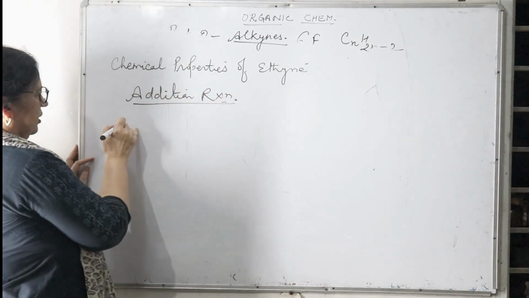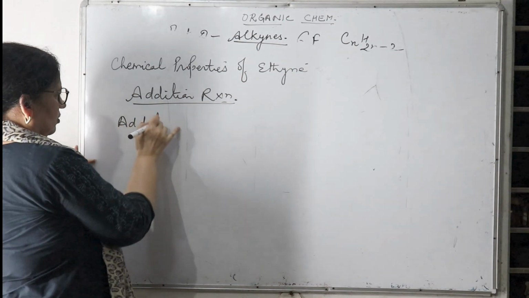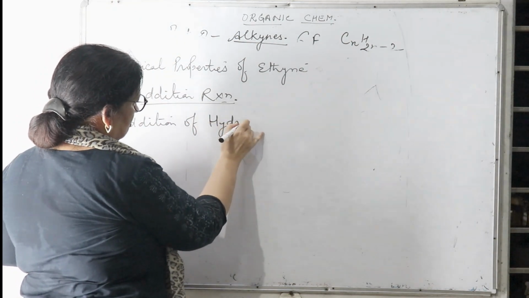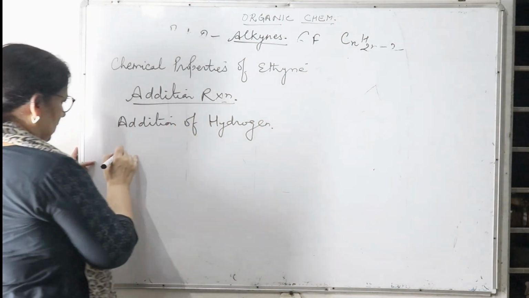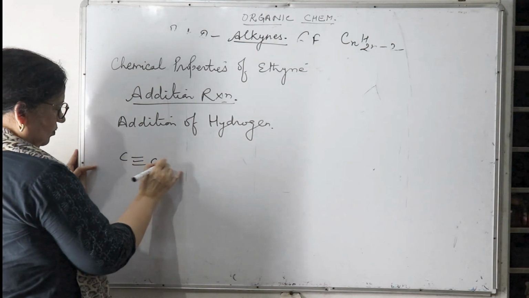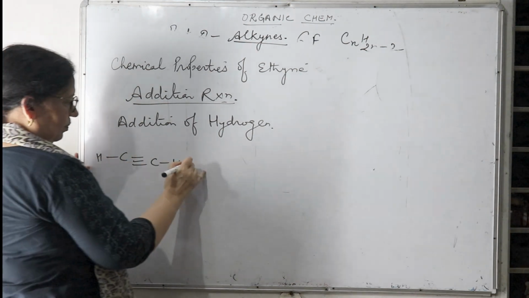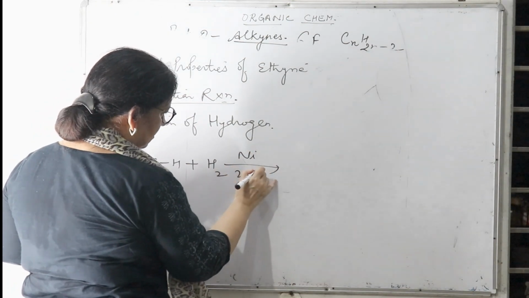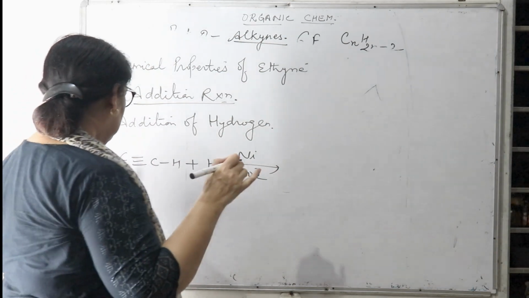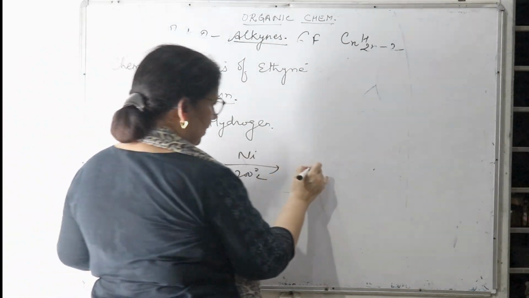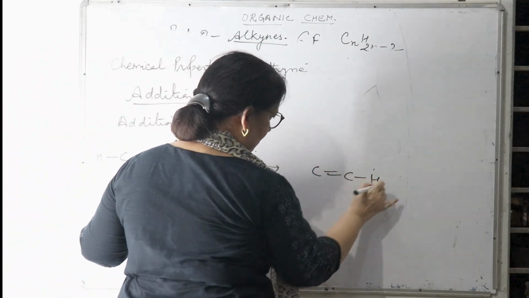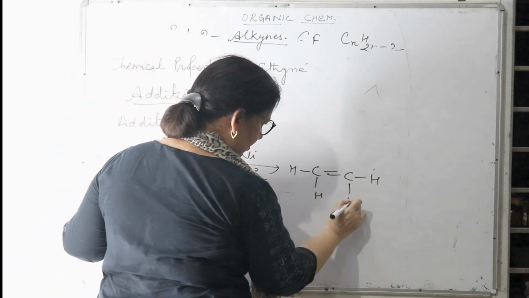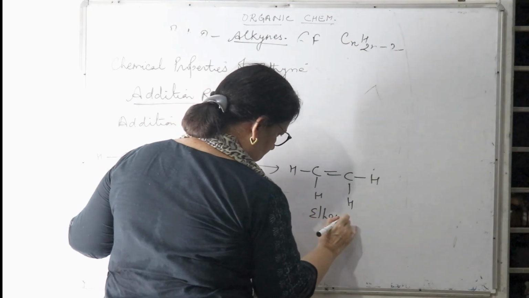First addition reaction, that is addition of hydrogen. Ethyne plus hydrogen in the presence of nickel as a catalyst at 200 degrees Celsius, and this triple bond will become double, and one bond becomes vacant, so this is H and H. This has become ethene.